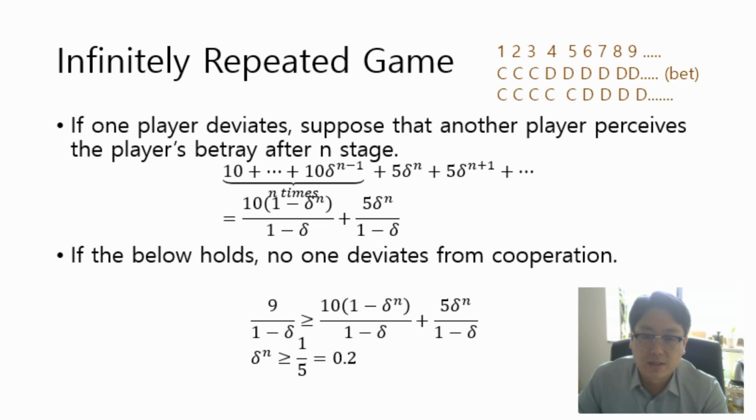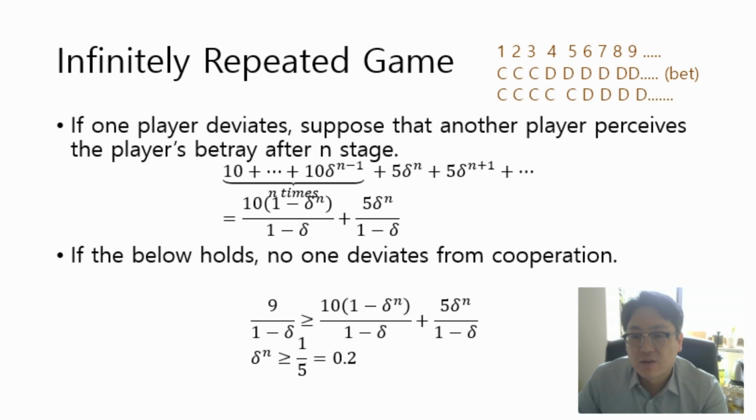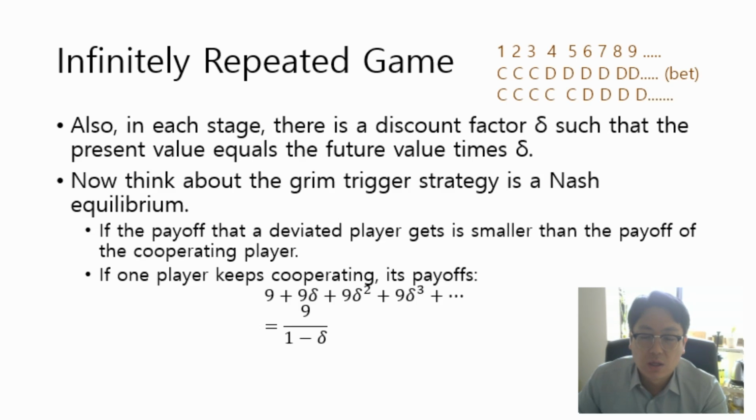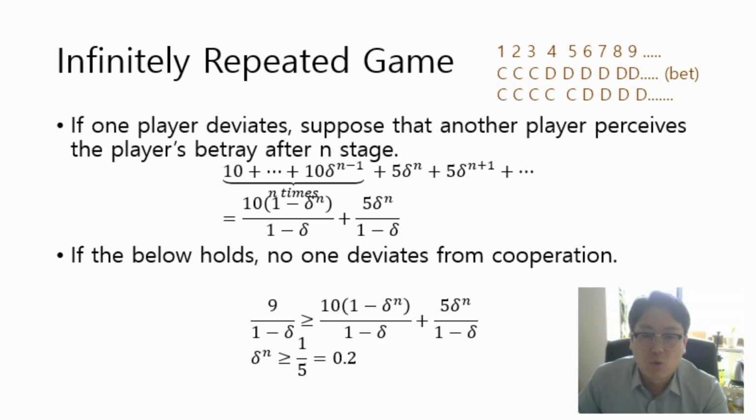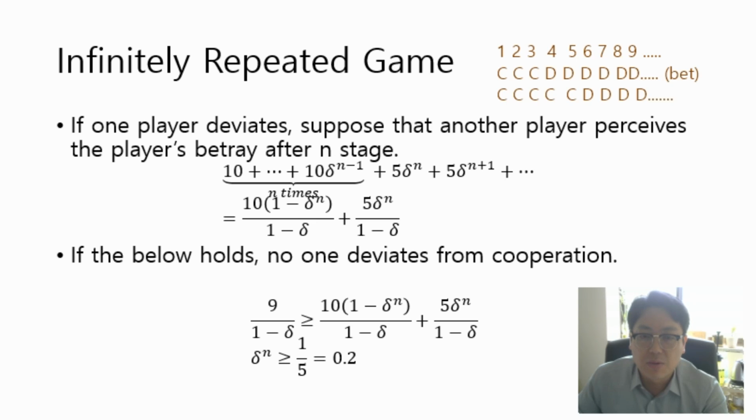This is the payoff when a player decides to deviate from the Nash equilibrium when both are playing green trigger strategies. So if a player has more value when they keep playing the Nash equilibrium than when deviating, then they can stay in cooperation.